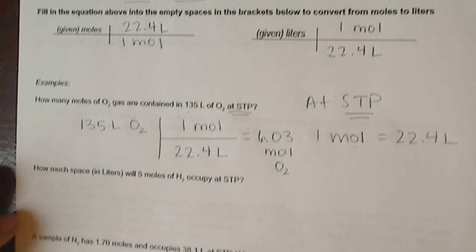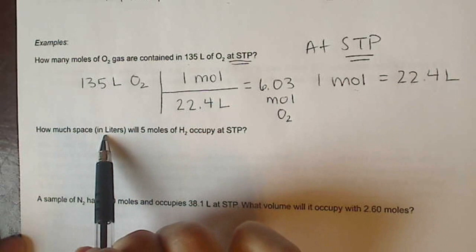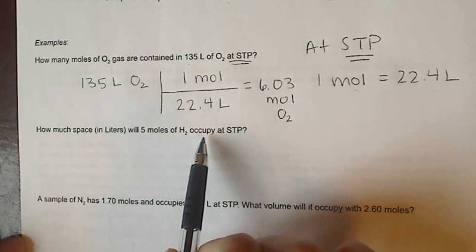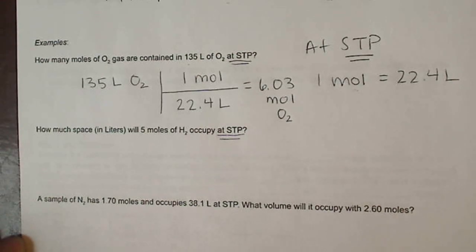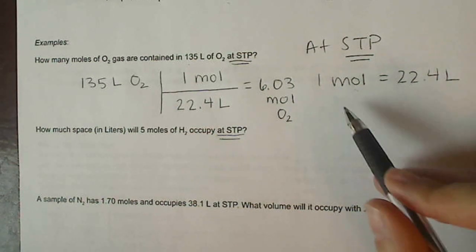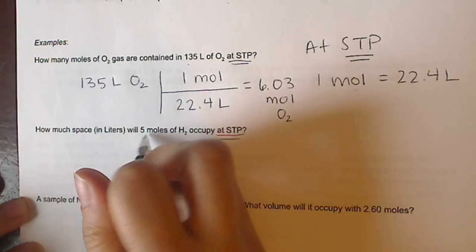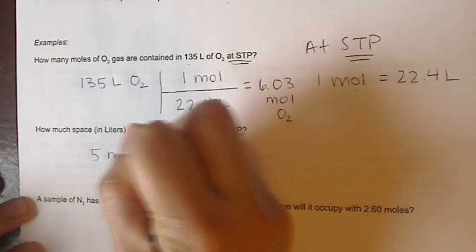The next one is saying how much space, meaning volume, which is liters here, will 5 moles of hydrogen occupy at standard temperature and pressure. Again, because it's at STP, I can use that 22.4 liters of a gas will occupy 1 mole. I'm going to start with my given, which is 5 moles of hydrogen.